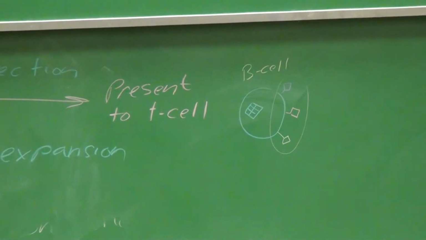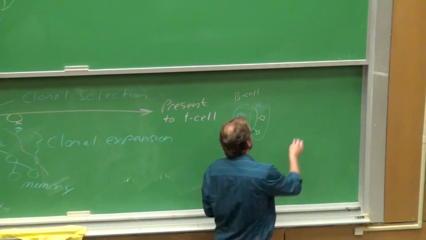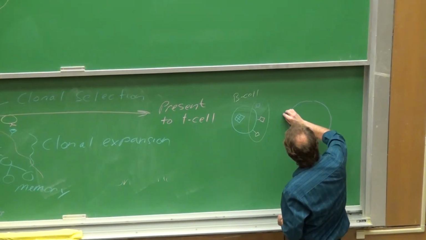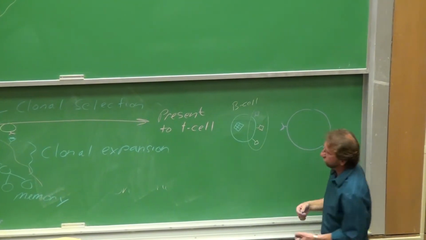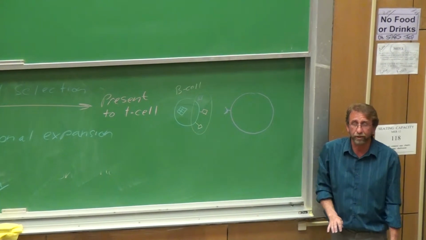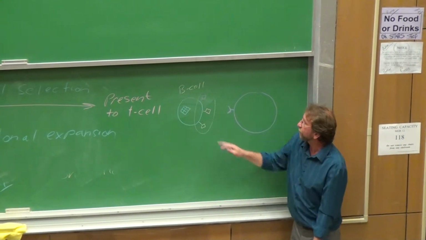So now the B cell is presenting these molecules to T cells. And so a T cell comes along here now. And a T cell, also highly specific, will only bind to a specific molecule that it's being presented to, comes in contact with this B cell.